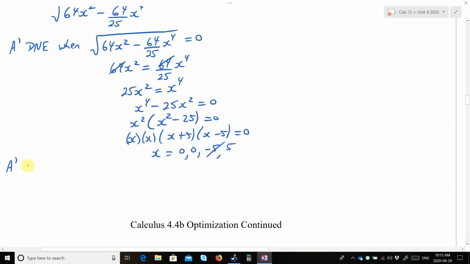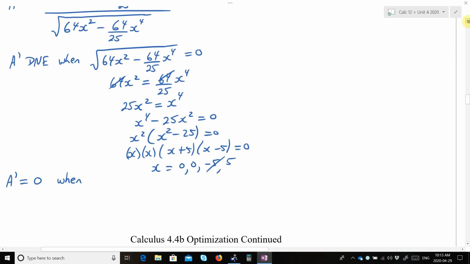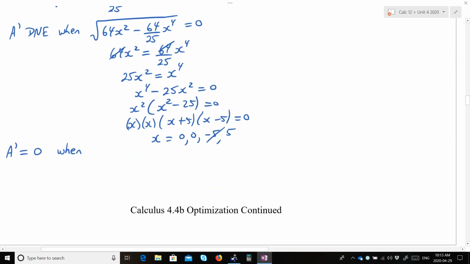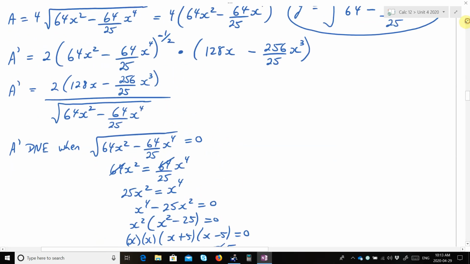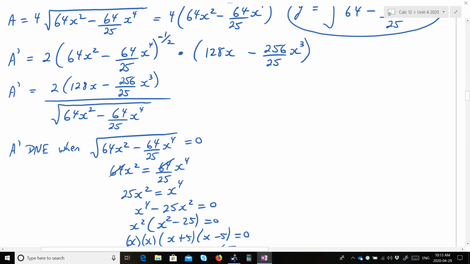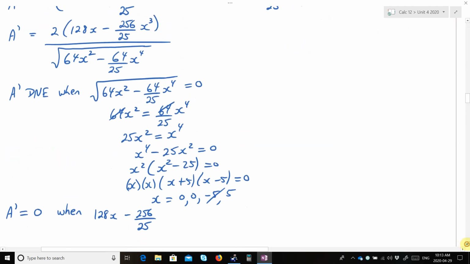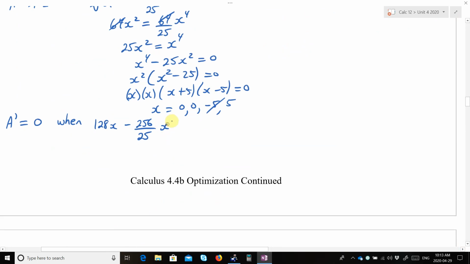Other critical points are when A prime equals 0, and A prime equals 0 when the top equals 0. 128x. The top would equal 0 when the 128x minus 256 over 25, what is it? x cubed? Yeah, x cubed, when this equals 0.